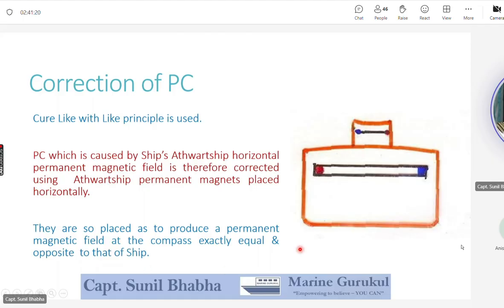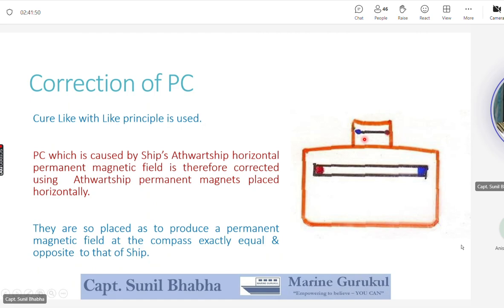Now in the diagram you see this ship. We are looking at the ship from the stern. You see we have a blue pole on the starboard end of the ship and we have a red pole on the port end of the ship. This was generating coefficient permanent C. Now on top you see this represents the binnacle of the magnetic compass, and in the binnacle we keep the corrector magnet. This small magnet on top is the corrector magnet which is placed.